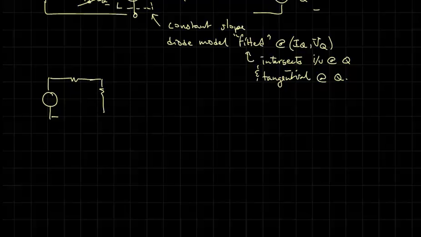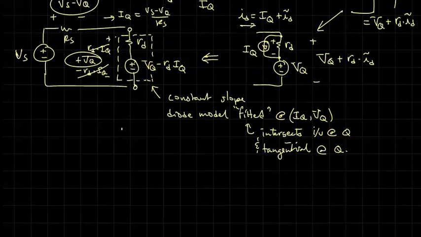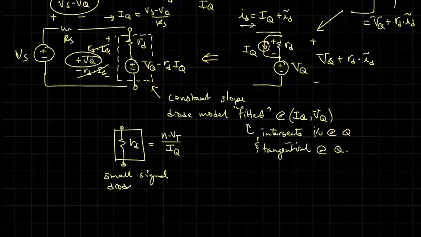In our diode model, let me start over again here, we would just have RD, where RD is equal to NVT over IQ. This is the small signal diode model.